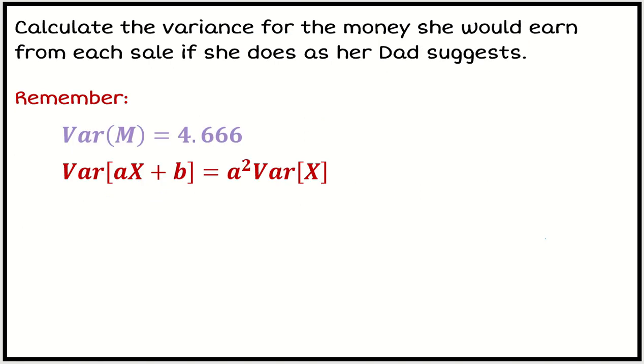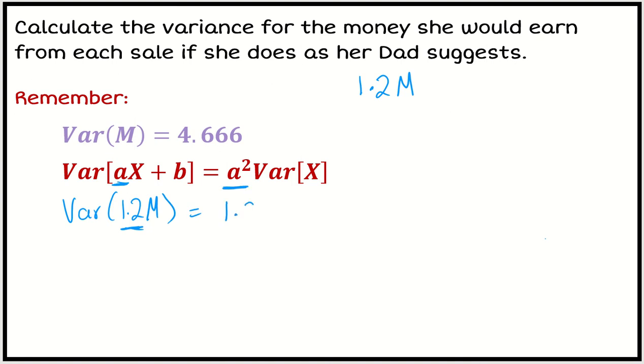Now with that same idea, we're going to change the variance. So we've got my original variance for the amount of money, and we've got the formula. Remember, our expression is 1.2m. So I want to find the variance of 1.2m. I need to take the value of a, which in this case is 1.2, and square that.